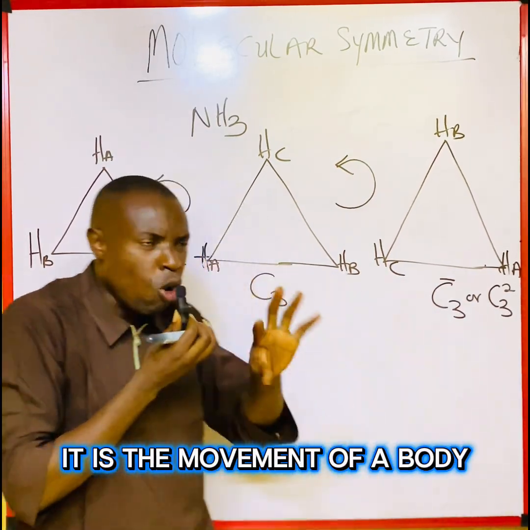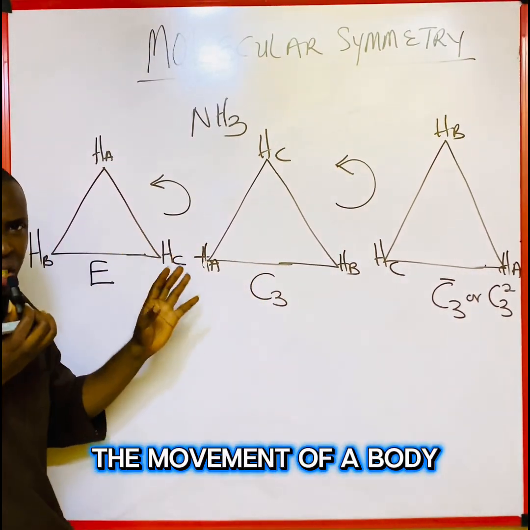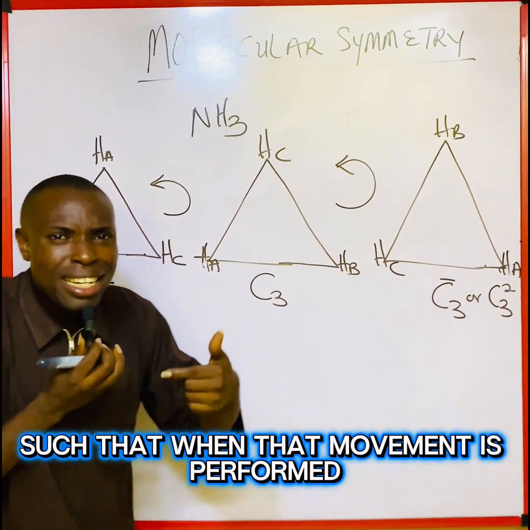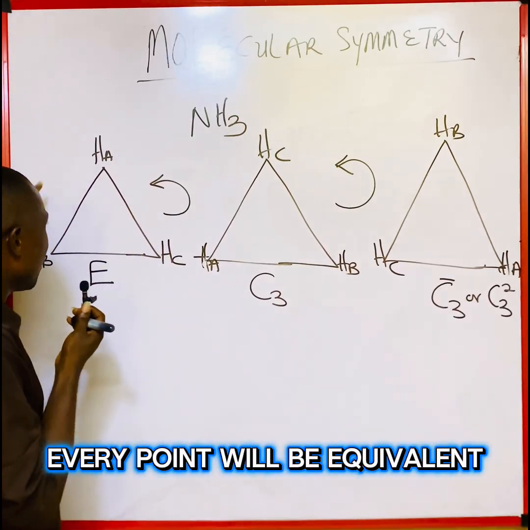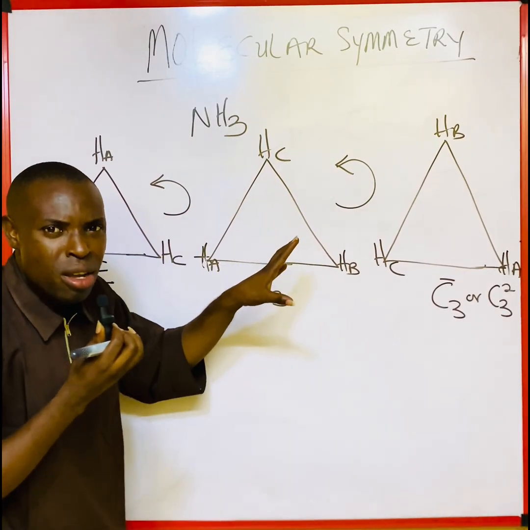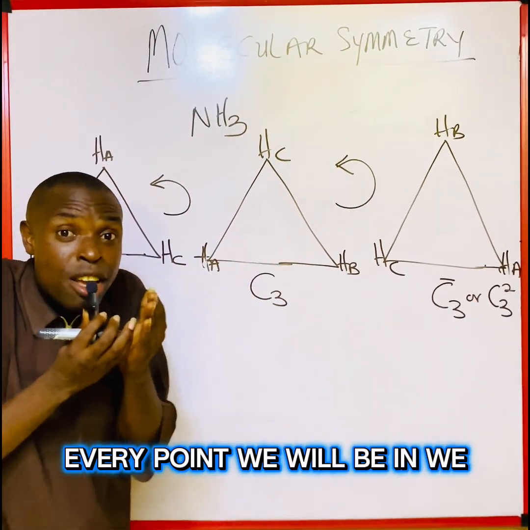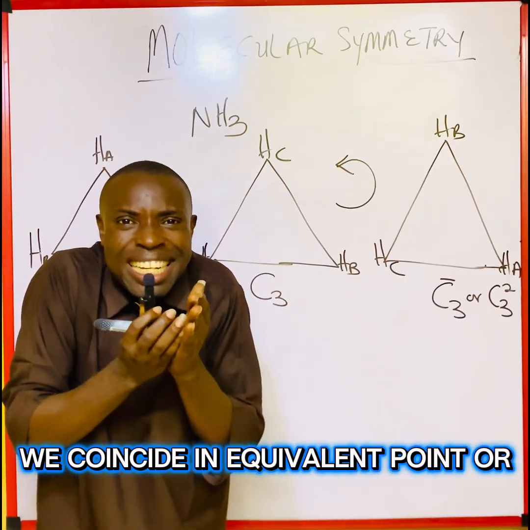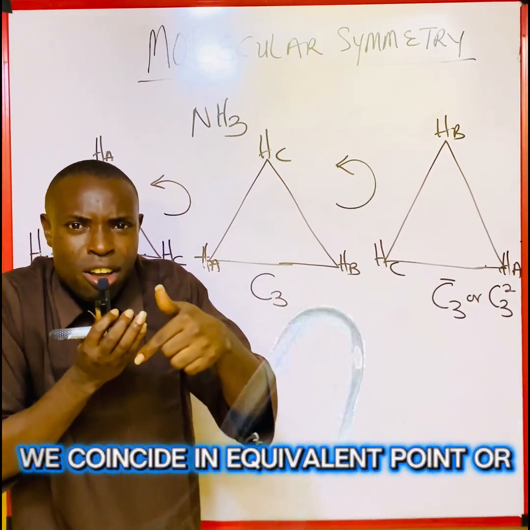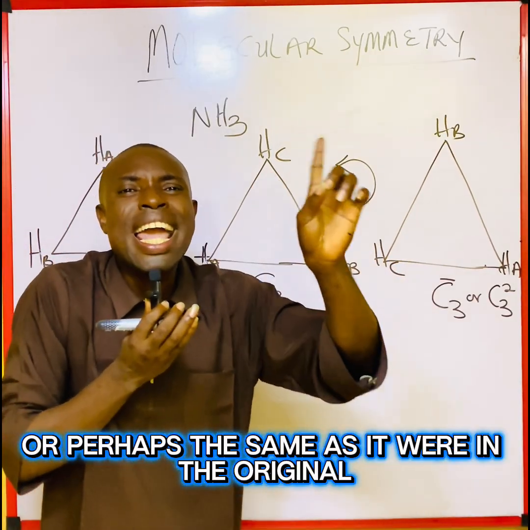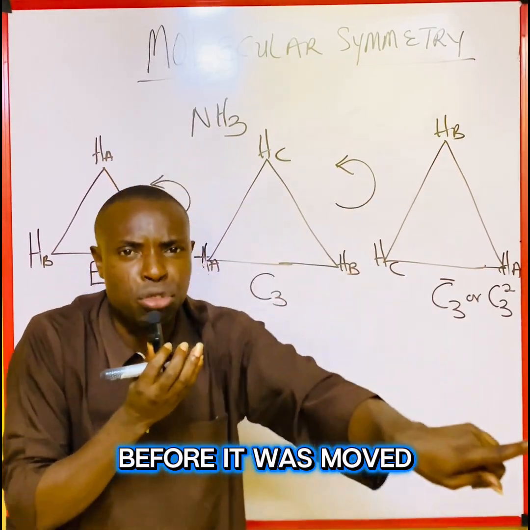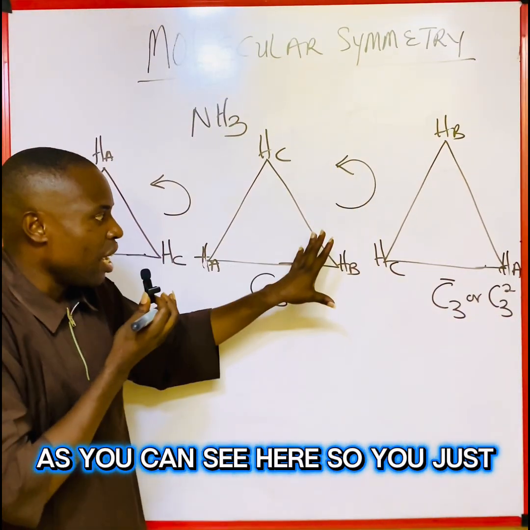It is the movement of a body such that when that movement is performed, every point will coincide with an equivalent point, or perhaps the same as it was in the original before it was moved, as you can see here.